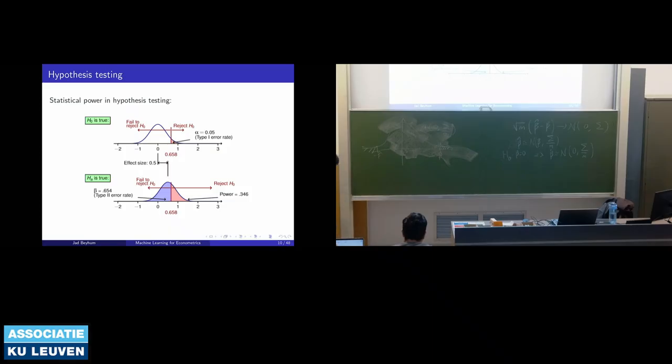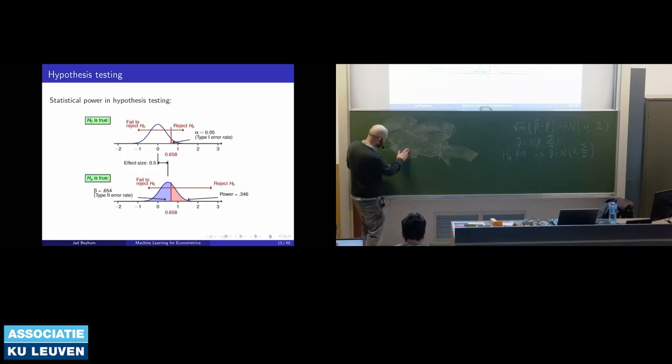The more the beta hat I observe in my sample is unlikely under the null hypothesis, the more the probability of these zones is small under the null hypothesis. So the p-value is just the probability of this area. The smaller the p-value, the less likely H naught is. Okay? Is that clear for everyone?